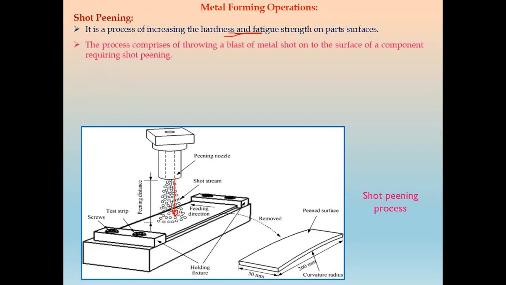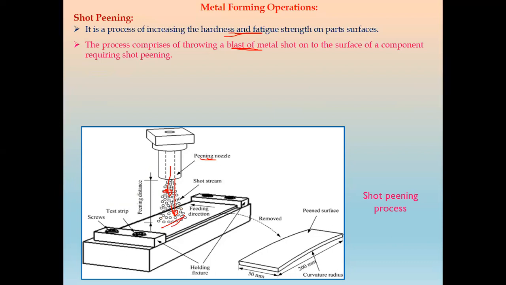The process comprises throwing a blast of metal shots. This is the peening nozzle through which the blast of metal shot will be thrown on the surface of the component which requires the shot peening.